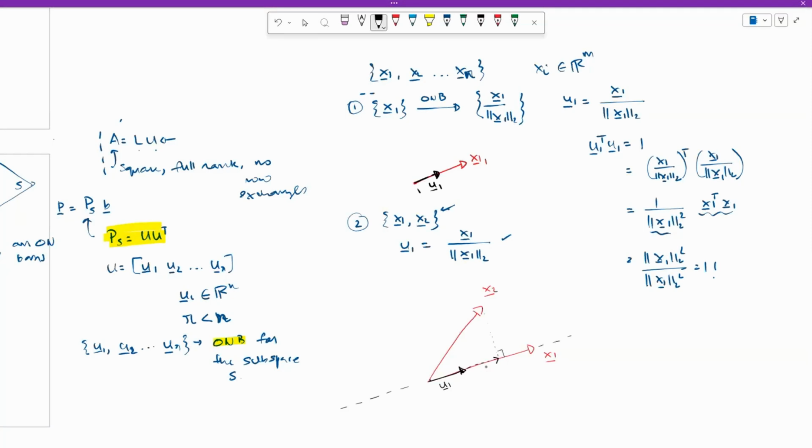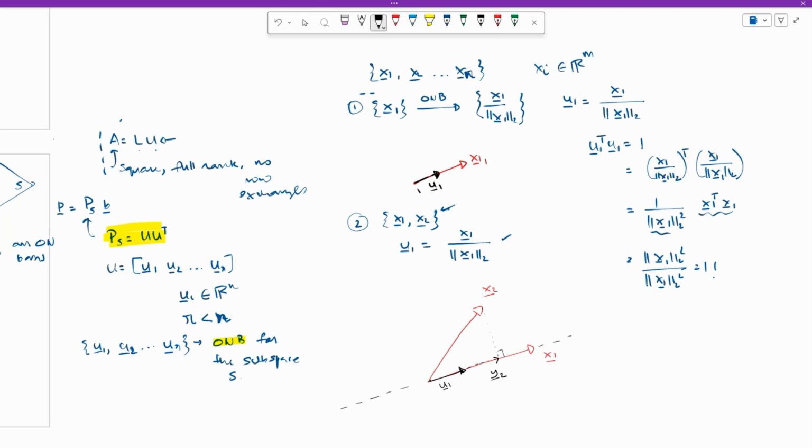I'm going to call this y2. How would I compute y2? Well, how did we compute the orthogonal projection onto a one-dimensional subspace earlier? You need to compute the projection matrix.